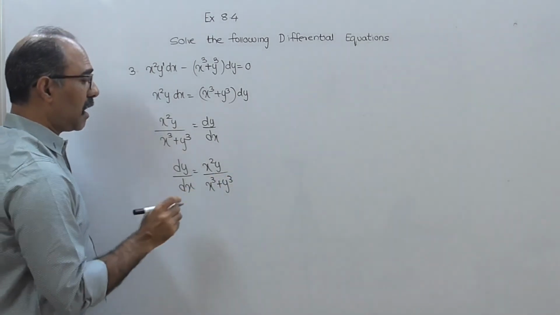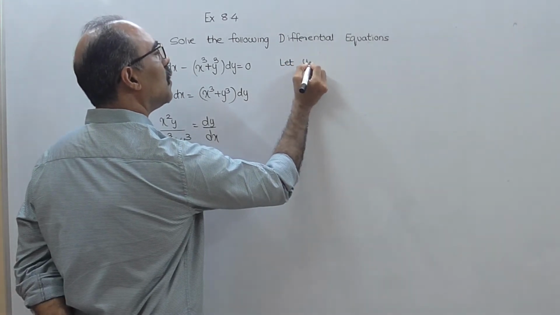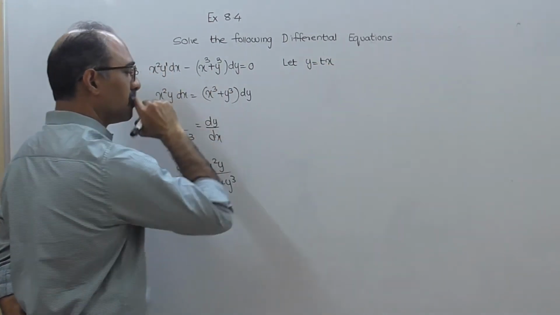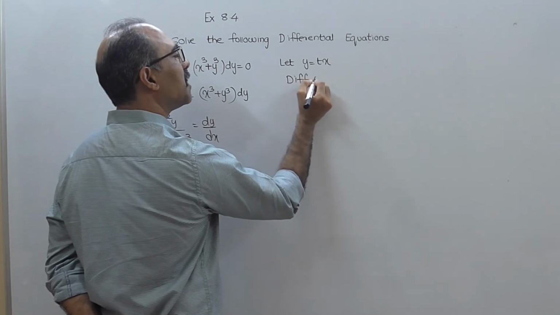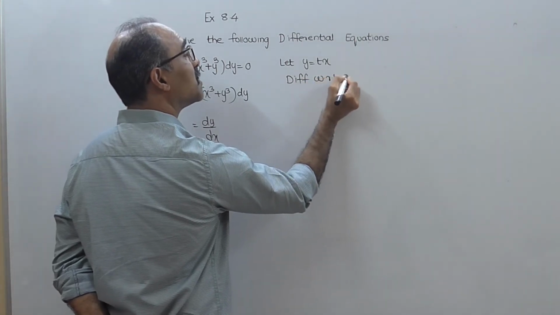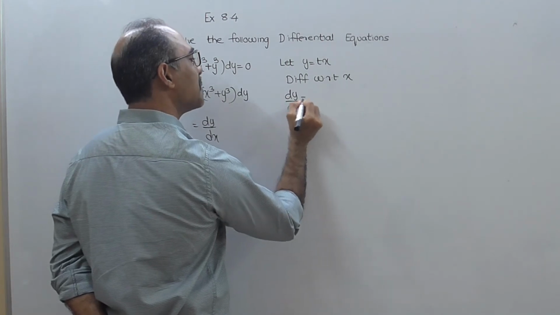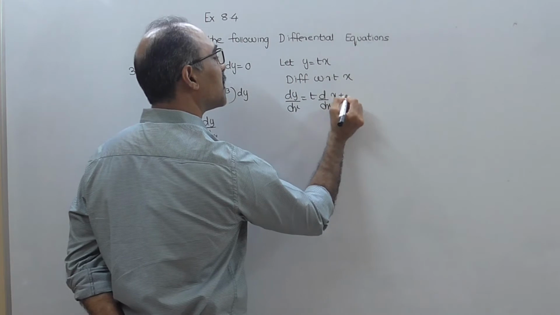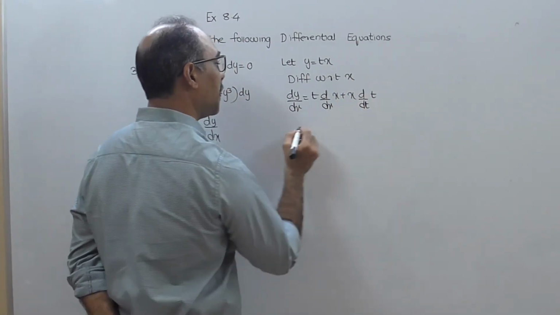Okay. Now what you do is make an assumption: let y equal to tx. The moment you take y equal to tx, you have to differentiate with respect to x. So you get dy by dx equal to t d by dx of x plus x d by dx of t.